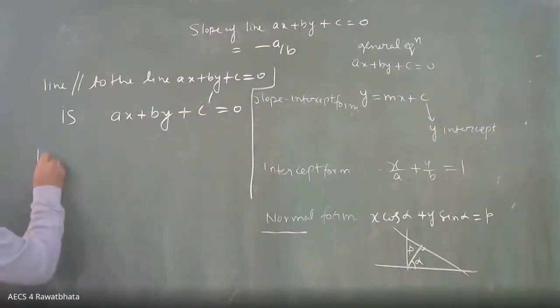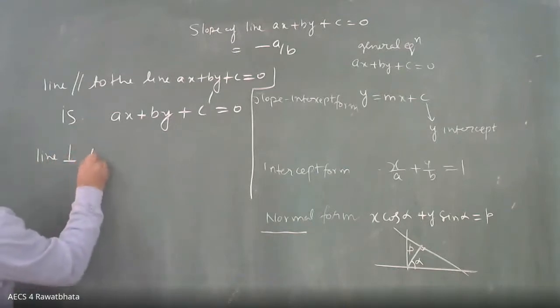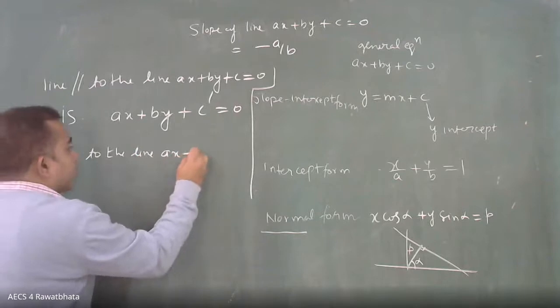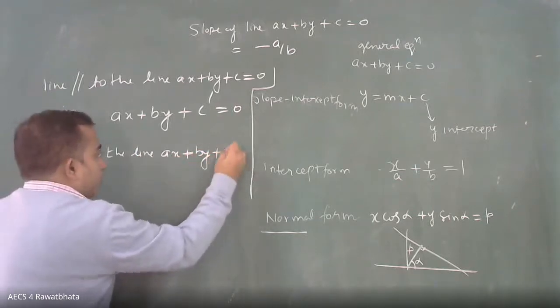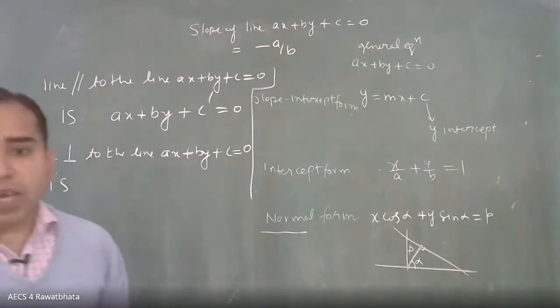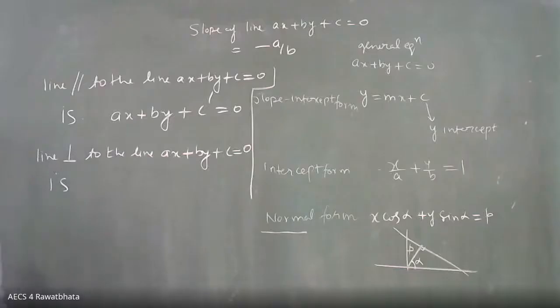Then another point, the line perpendicular to the line ax plus by plus c equal to 0 is, anyone in the class? Bx minus ay plus lambda equals 0.